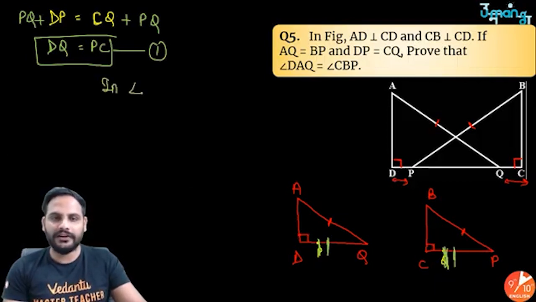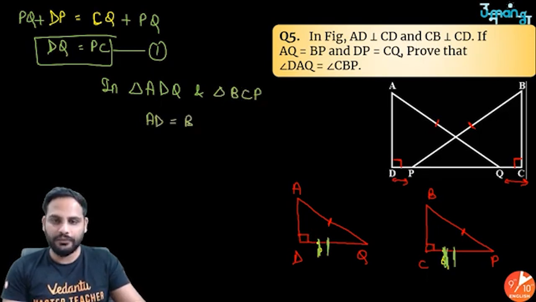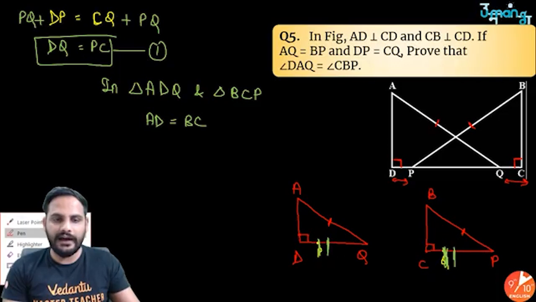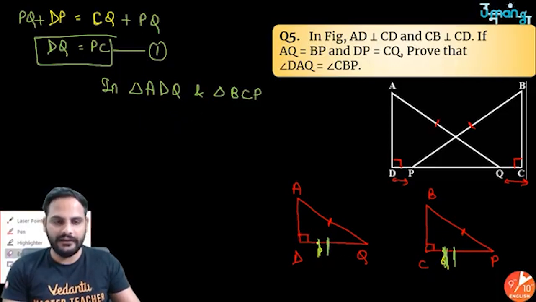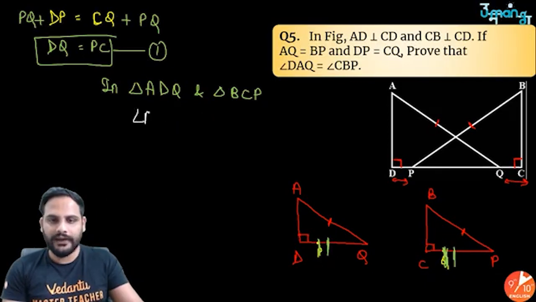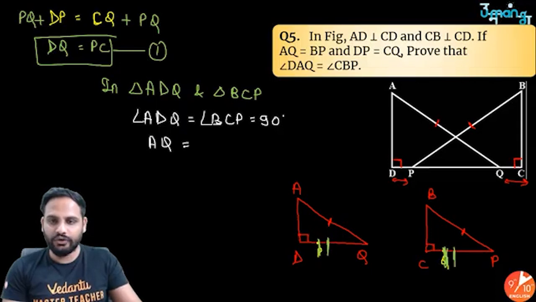Now I can say, sir, in triangle ADQ and triangle BCP, we will write it in RHS order, right angle hypotenuse side rule. First, angle ADQ is equal to angle BCP, both are equal to 90 degrees. After that, hypotenuse AQ is equal to BP, and the other side DQ is equal to CP from equation 1.